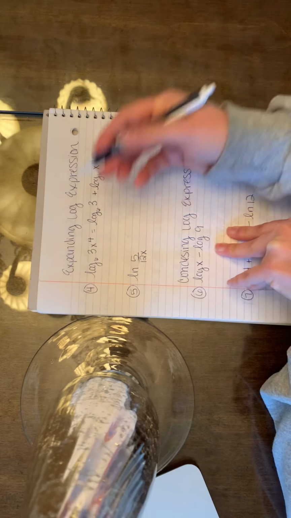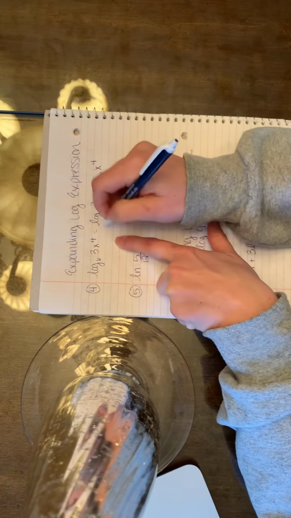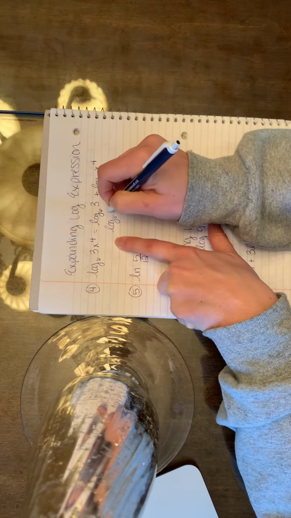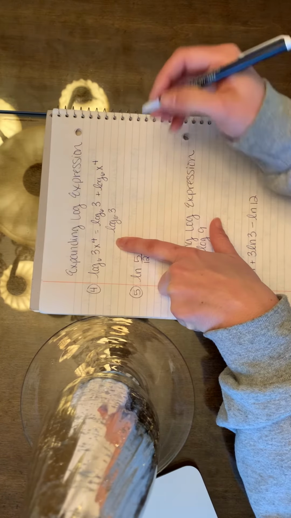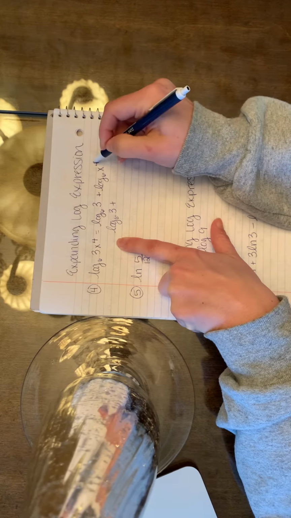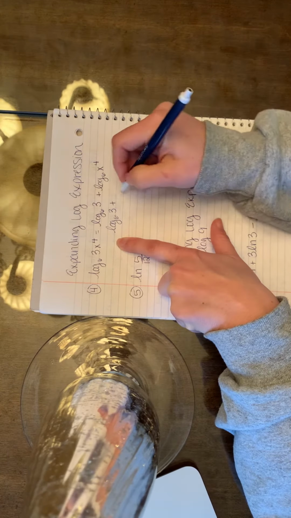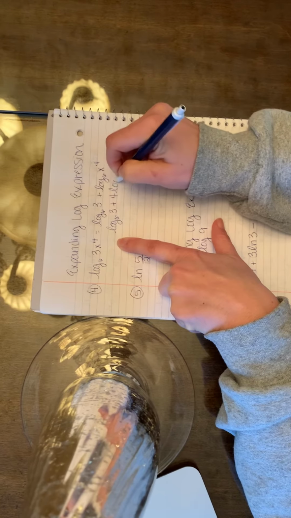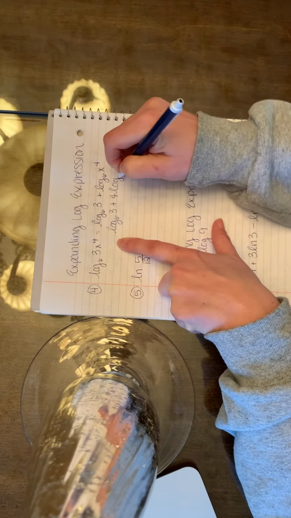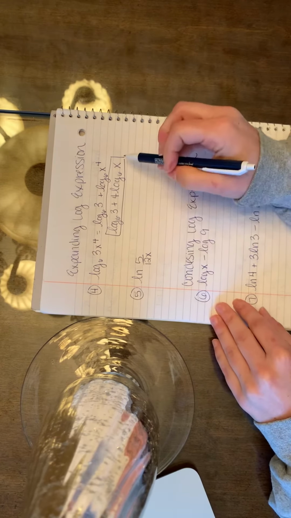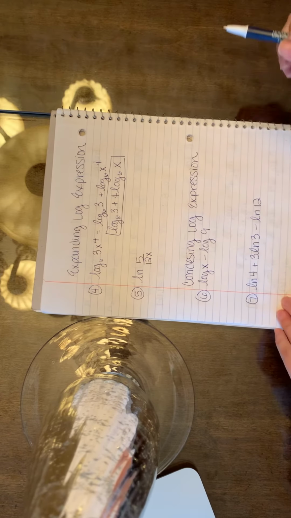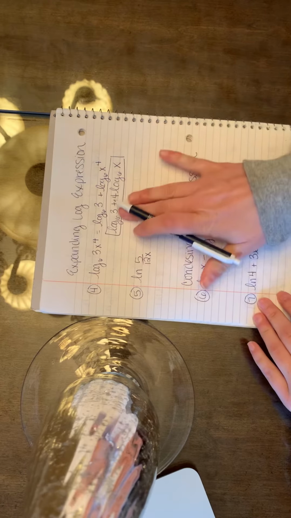So our new expansion is, we didn't touch this, this is done, log base 6 of 3, plus, bring this exponent to the front, 4 times log base 6 of x. And that's it. That's how you expand. You're using your properties that we were just working with to expand our log. Now that is fully expanded.